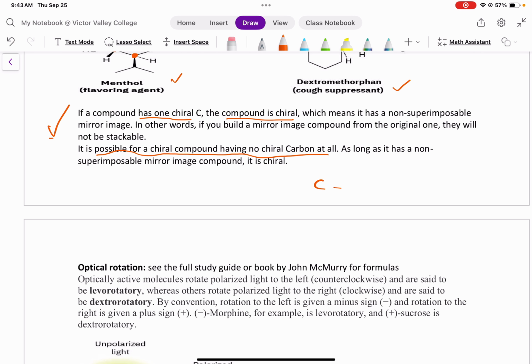In the case of two double bonds in a row. This one has no chiral carbon, but this one is a chiral compound with no chiral carbon.